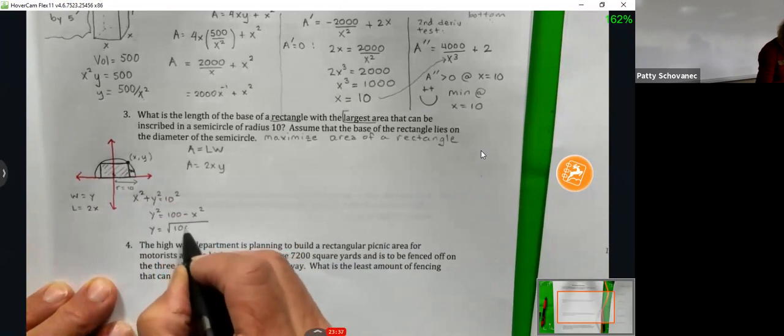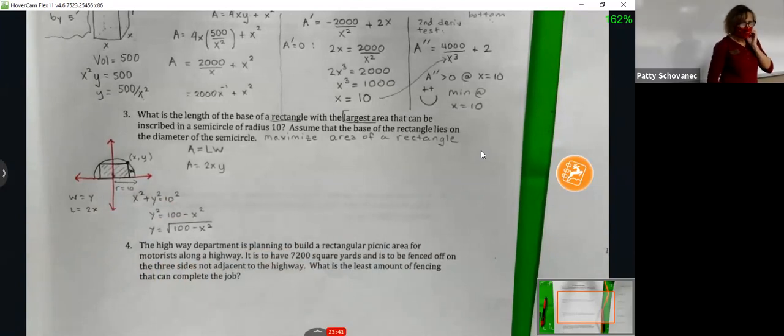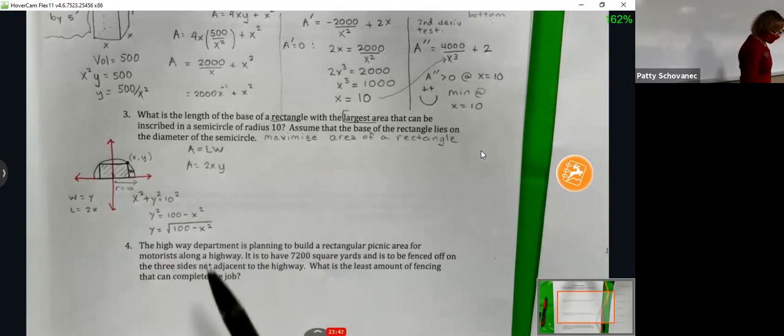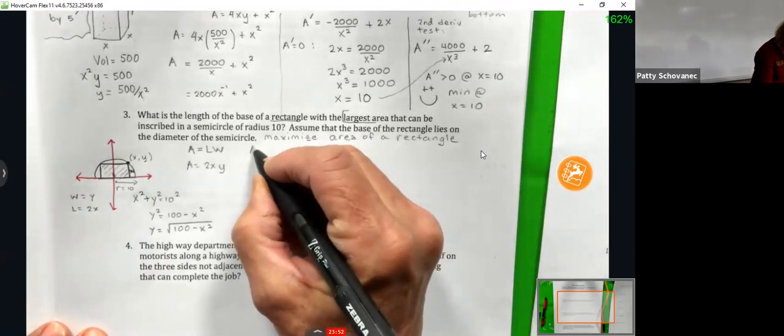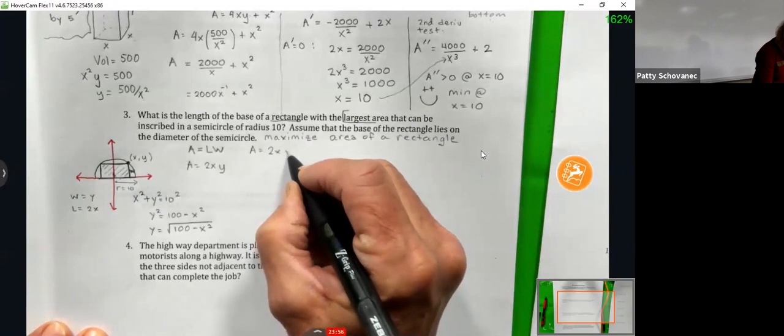Y is the square root of 100 minus x squared. Now don't even think about writing that as 10 minus x. Can't take the square root of each term. That's going to go in up here where the y is. And so my area formula looks like 2x times that y.